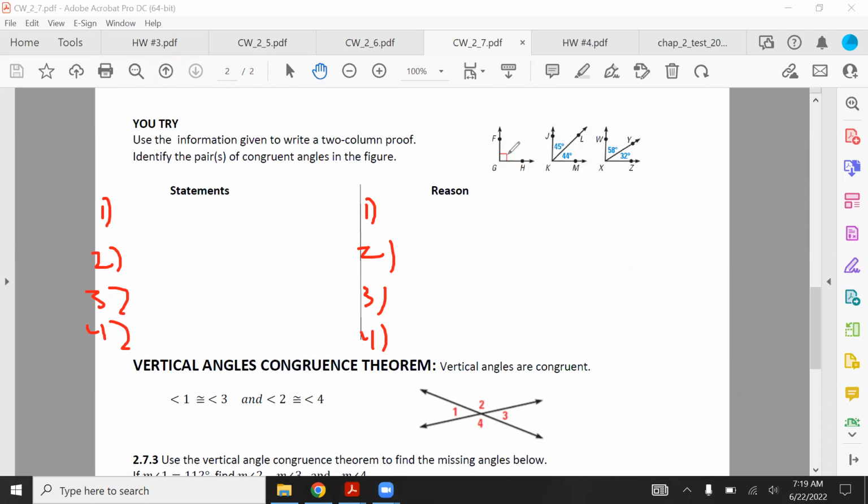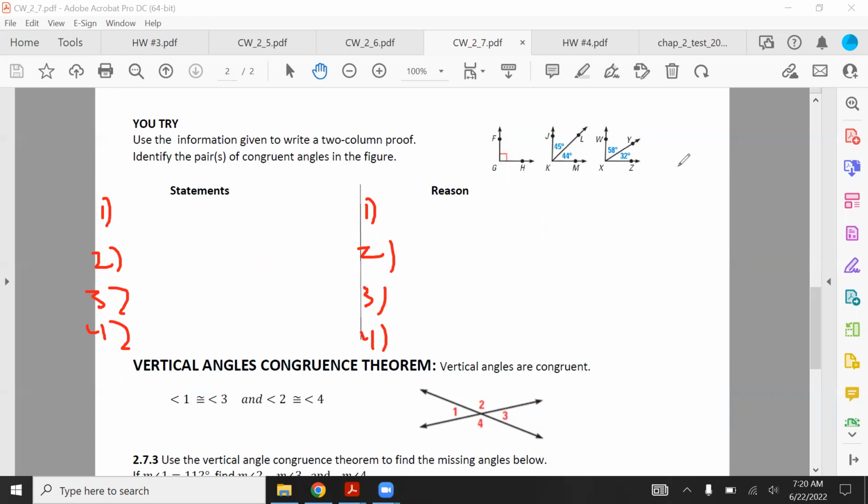So we want to prove... I don't know what they want us to prove here. Let me find this out. 90, 89. This one seems kind of weird to me. I don't know what is happening with this one.